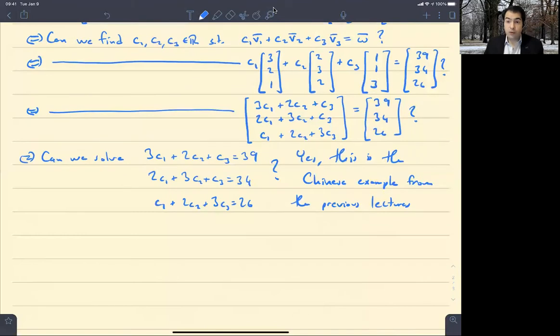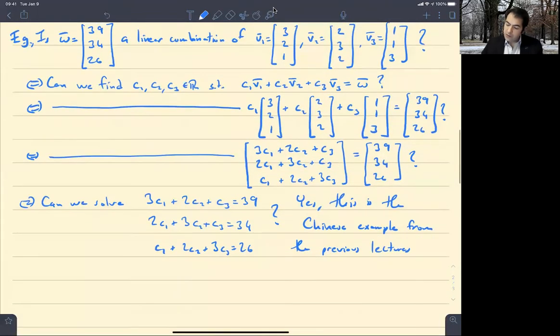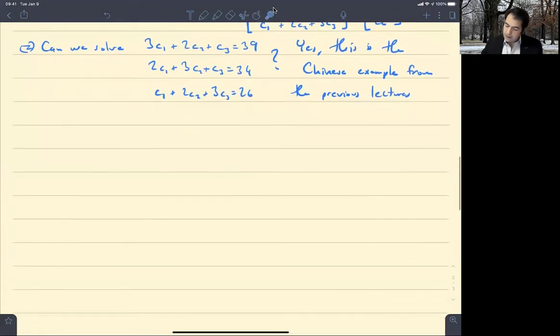This is the example we saw from the 8th chapter of the Nine Chapters on the Mathematical Art from ancient China. And we found that it has a unique solution. So solving this system of equations is equivalent to figuring out, is this vector a linear combination of these vectors? Okay, great.